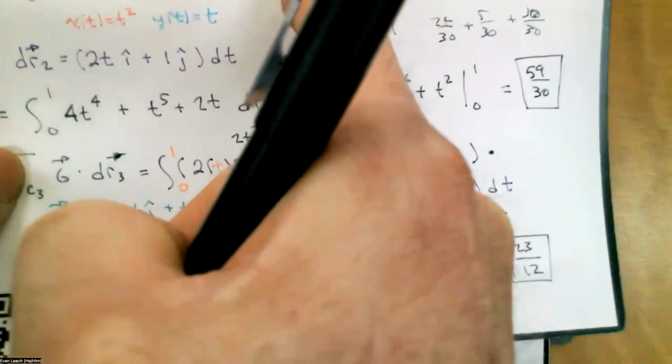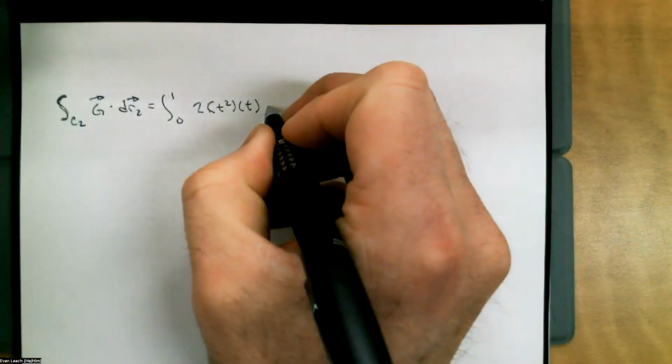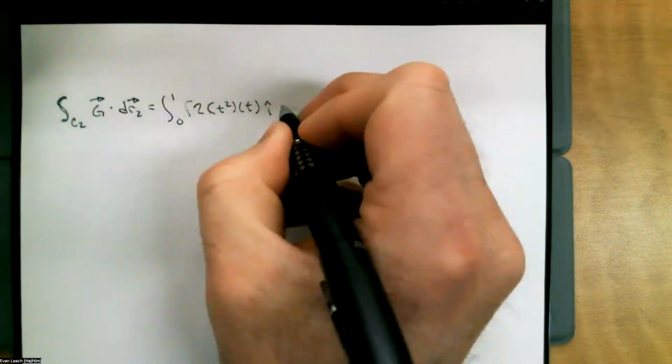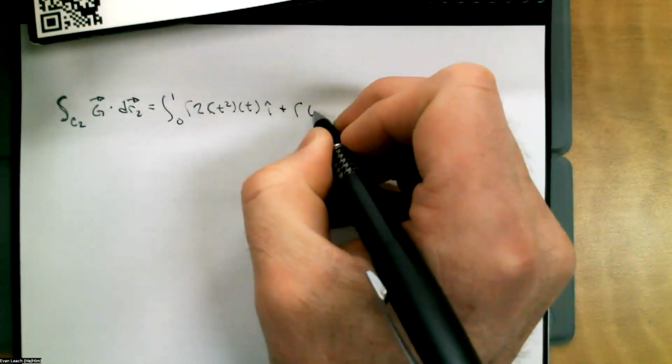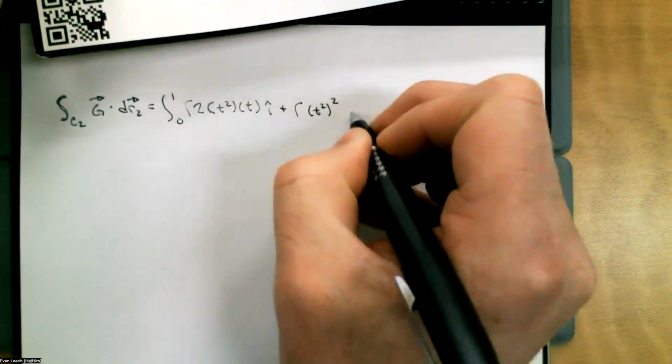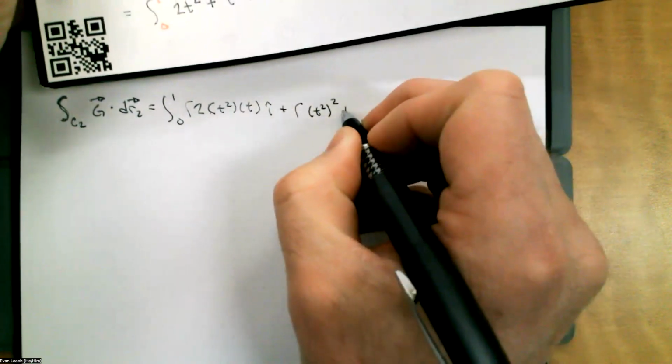So this is good. Plus j hat. Plus, this is where the mistake shows up. I have to have a t squared squared, but not this t here, plus 2t.